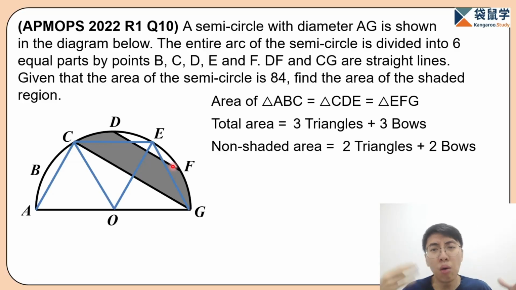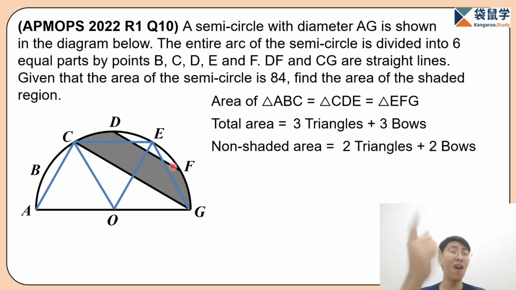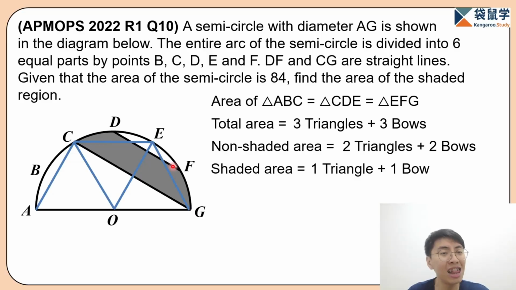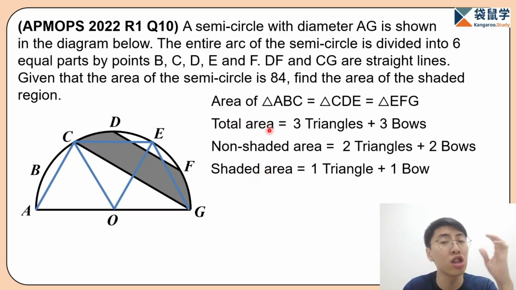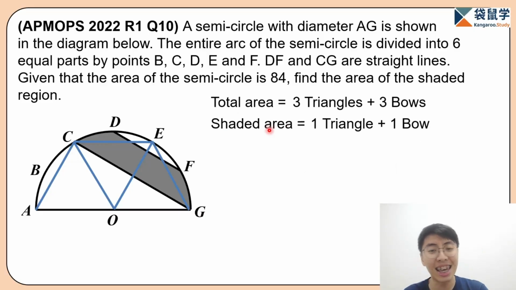And now, what does that tell us about our shaded area? I think all of you will be able to know it now. It's just going to be one triangle and one bow. Then what is the relationship between this shaded area and the total area? Of course, I think we all can see it.